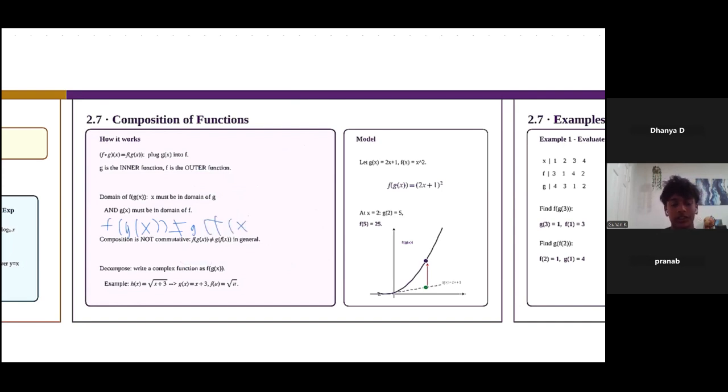Commutative basically just means it's interchangeable. So for example, 7 times 4 equals 4 times 7, right? But that's not how composite functions work, because g of f of x is a completely different thing than f of g of x. In g of f of x, we first take the y value from f of x and then put that into g of x. But on the left-hand side, we do the inverse, and both of those would often result in different answers.